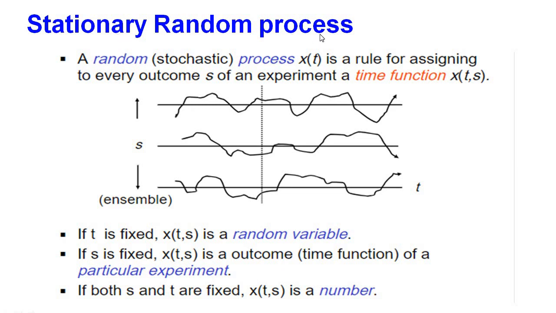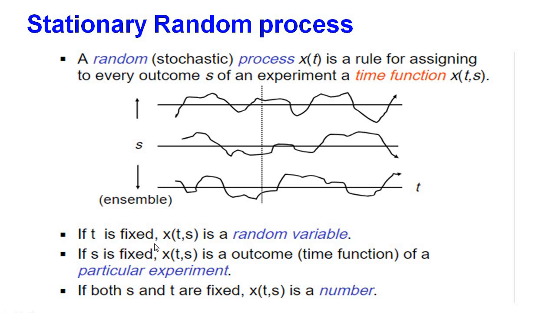Stationary random process. So here stationary means constant. So certain parameters will be constant. A random or stochastic process x of t is a rule for assigning to every outcome S of an experiment a time function x of t comma s. So s refers to the outcome and t to the time function.